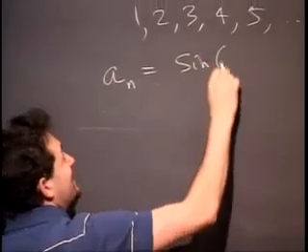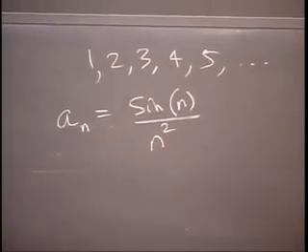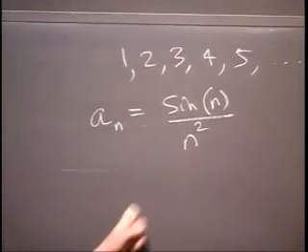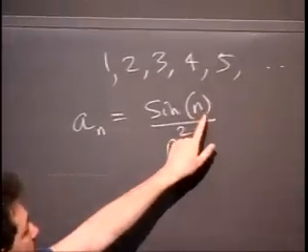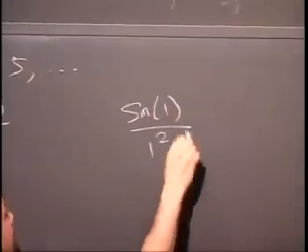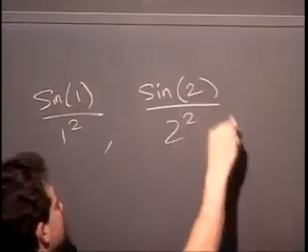So if I write a_n is sine of n over n squared, then this defines a sequence that you get by plugging in n equals 1. So you get sine 1 over 1 squared. And then n equals 2, sine 2 over 2 squared.